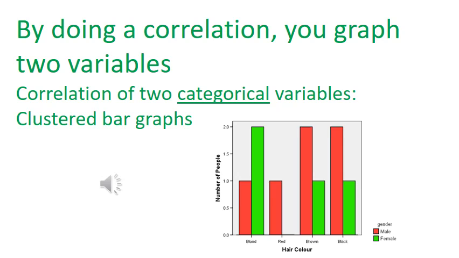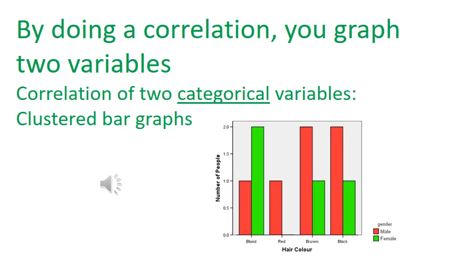So just by looking at this clustered bar graph, you can see that there is a correlation between being male and having red hair. No female in the sample has red hair. There is also a strong correlation between being female and having blonde hair.